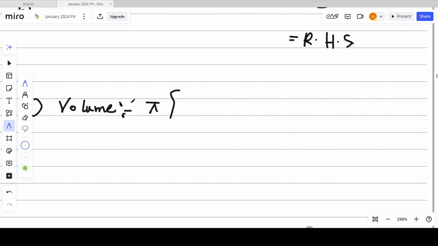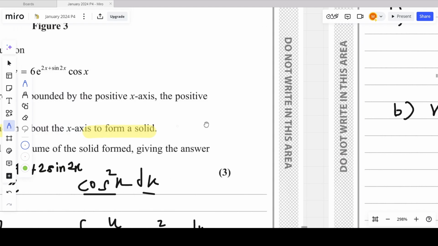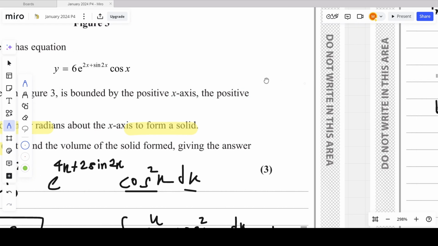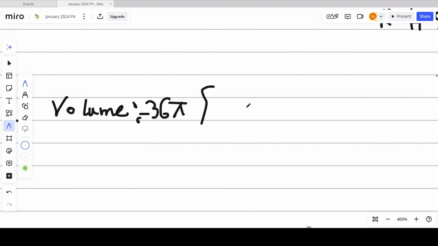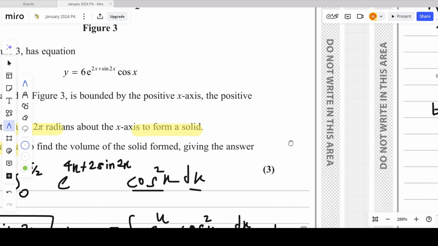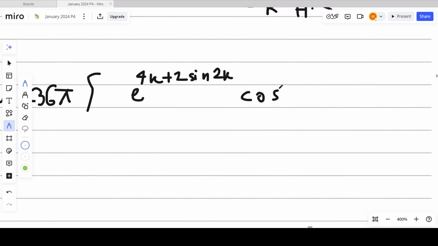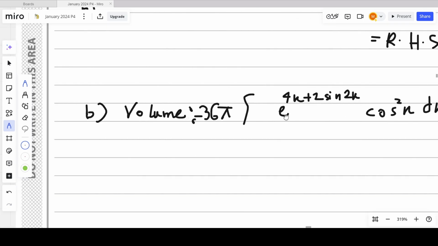You can take 36 outside the integral, 36 pi, and since it is y squared, e to the power 4x plus 2 sine twice of x. Then it is whole squared, so it will be cos squared x dx.